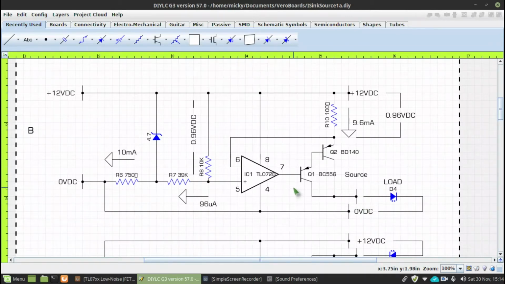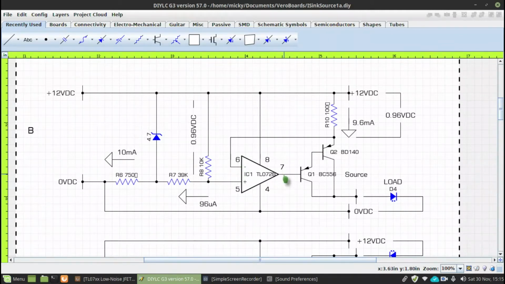The explanation of the feedback system is identical to the sync. You've got a unity gain negative feedback loop here, and say for example, if this voltage here, which is of course 0.96 of a volt across 100R, were to go down, the negative input of IC1 would also go down.